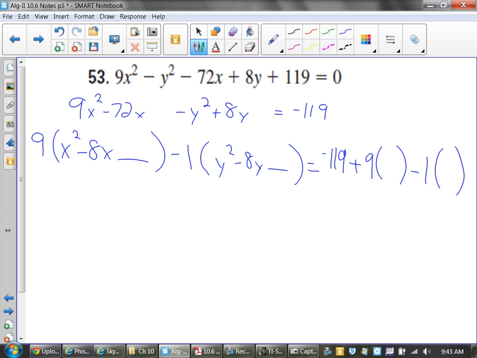Okay, so now, again, go to your b value. What's half of negative 8? Negative 4. What's negative 4 squared? 16. So we have 9 times x minus 4 quantity squared minus, again, it's the same thing.